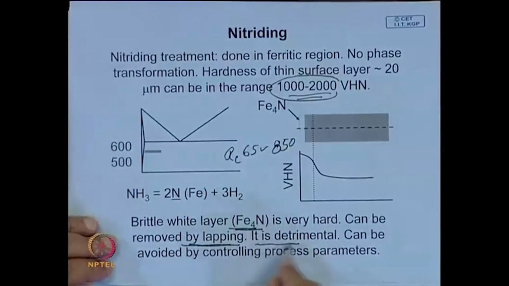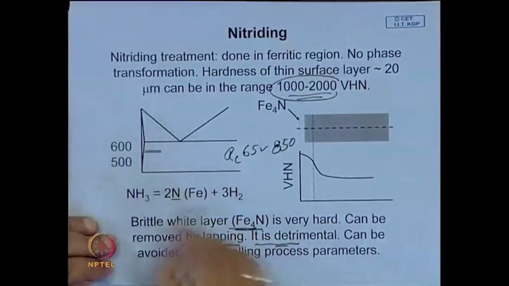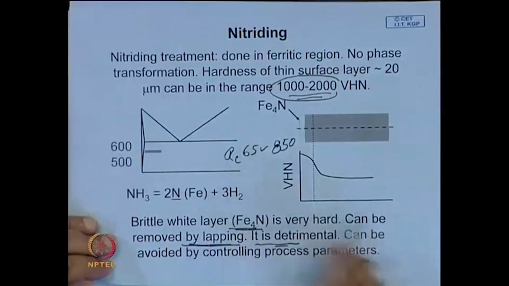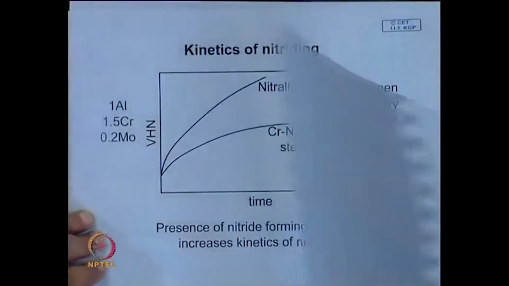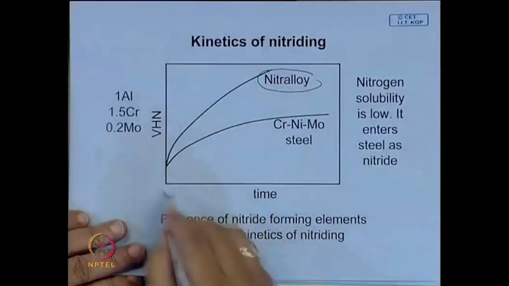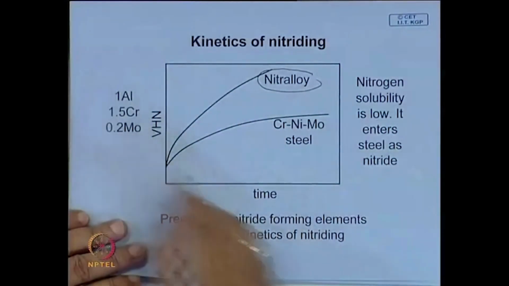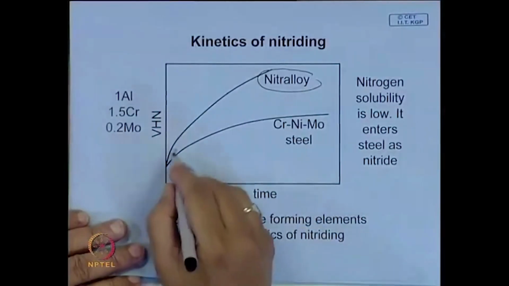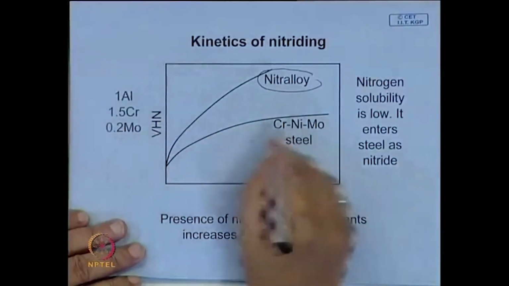If you control the partial pressure properly, it is possible to avoid formation of this brittle layer. This type of treatment is very popular and given to different types of steel, and there is a special type of steel, nitralloy, where you get very high hardness, which is shown over here. This is hardness against time, and the depth of hardening will also have a similar profile.